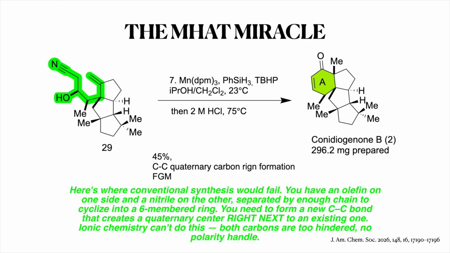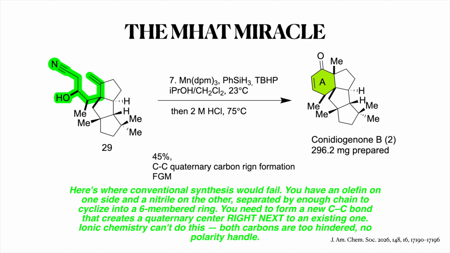Here's where conventional synthesis would fail. You have an olefin on one side and a nitrile on the other, separated by enough chain to cyclize into a 6-membered ring. You need to form a new C-C bond that creates a quaternary center right next to an existing one.